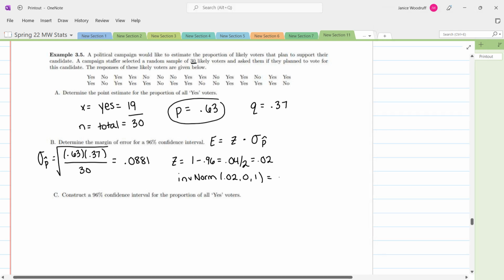Okay, you can go 4 decimal places out if you want in the calculator, but not really necessary here.